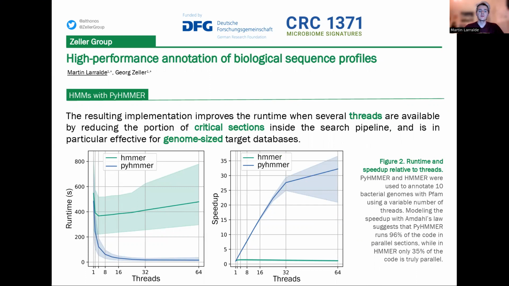This is actually very interesting when running genome-size annotations, when the target database is composed of roughly a couple of thousands of proteins. When several threads are available, PyHMMER is going to greatly improve the performance.